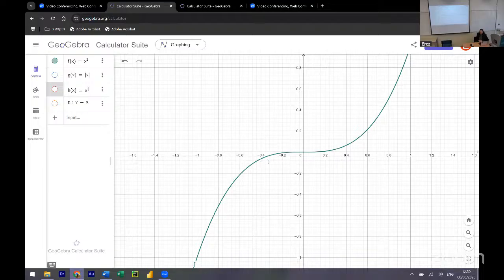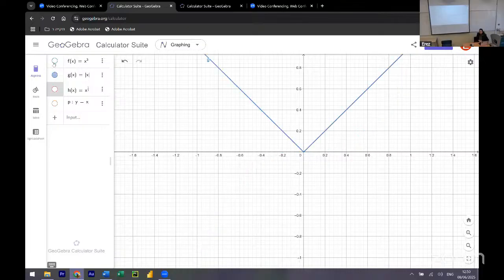What is the rate of change at 0? What would you say? At the absolute value, what would you say the rate of change is here at 0? It's not 0, right? Undefined, yeah, it would be undefined because it's -1 to the left and then it's +1 to the right.